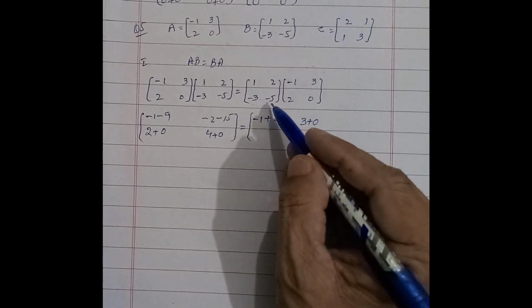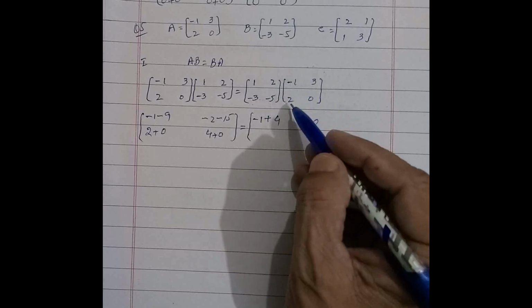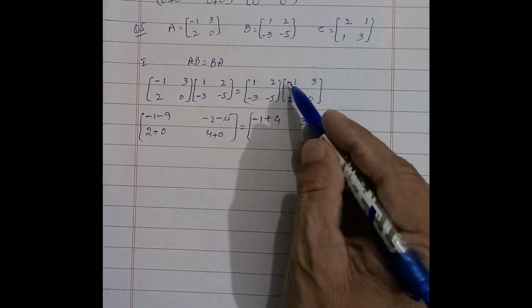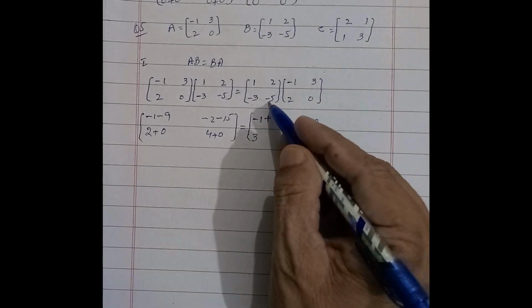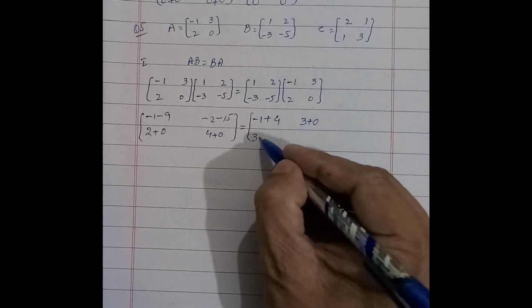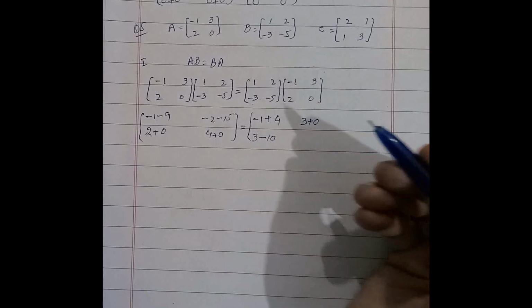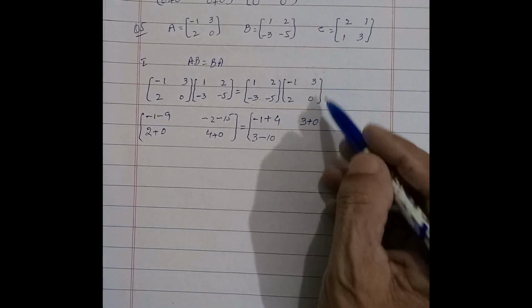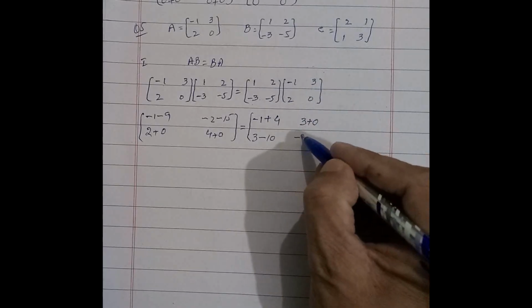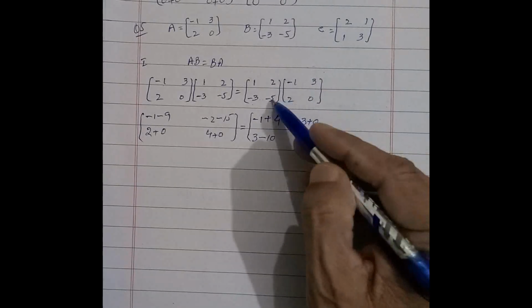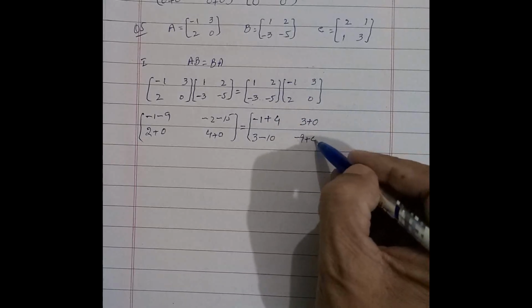And the second row multiplied with the first column is -3 multiplied by -1 is equal to +3. -5 multiplied by +2 is equal to -10. And the second row with second column is -3 multiplied by 3 is equal to -9, plus -5 multiplied by 0 is equal to 0.